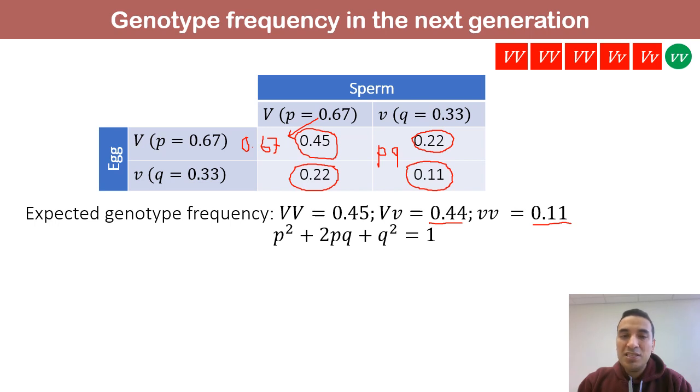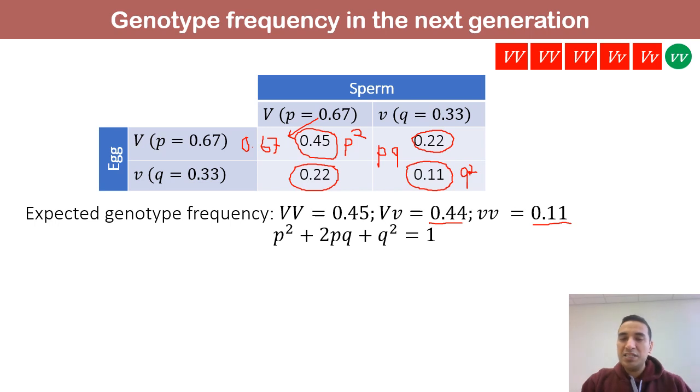Why? Because this is essentially p square, right? This is p square, this is pq, and this is q square. So we are essentially just adding all of those up, and we get a 1. It makes sense because p square plus 2pq, because we have 2 pq's, plus q square equals 1.